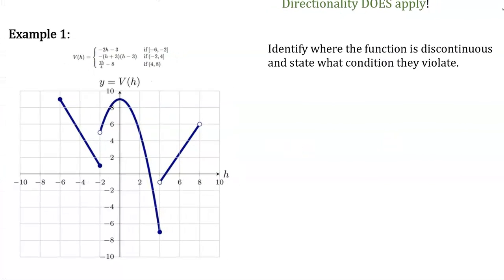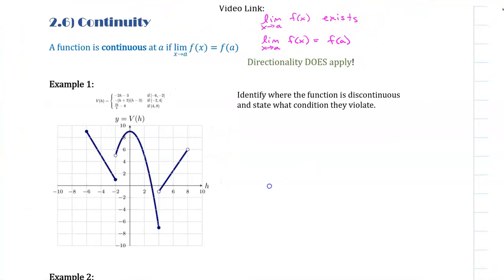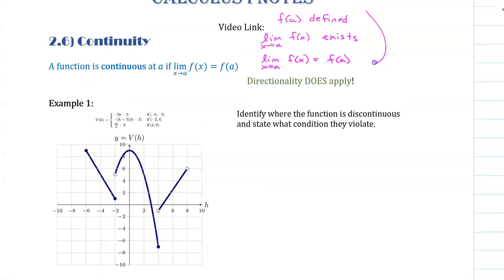It says identify where the function is discontinuous and state what condition they violate. They're talking about these three conditions that we just discussed: that f of a is defined, that the limit as x approaches a exists, and that the limit equals f of a.